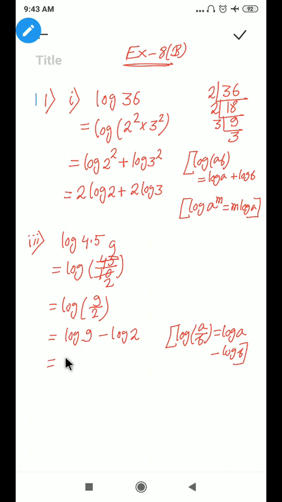Now again this 9 you can write as log 3 square minus log 2. Now if this 2 comes to the front, that will be 2 log 3 minus log 2. So we have already expressed this term in the form of log 3 and log 2.